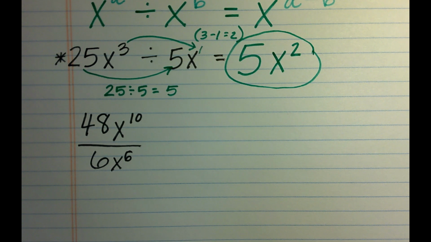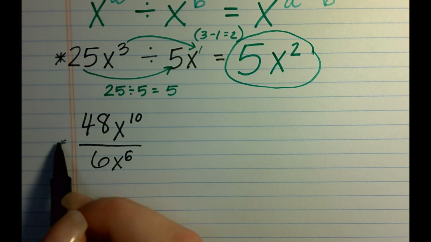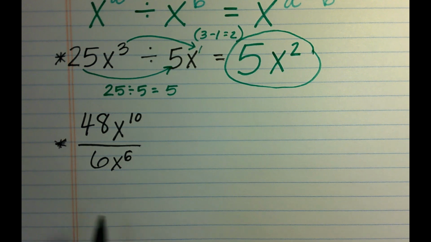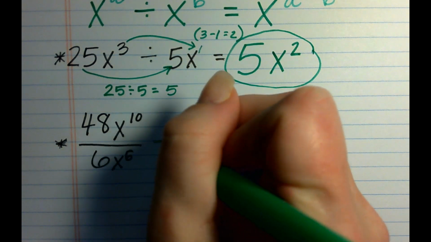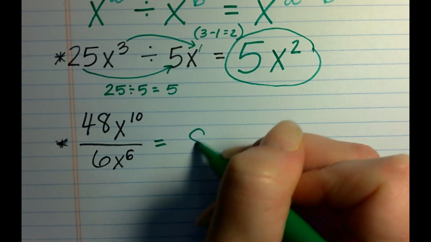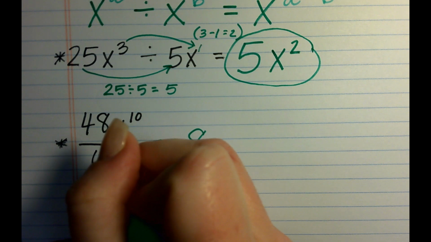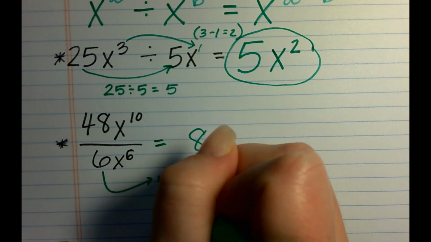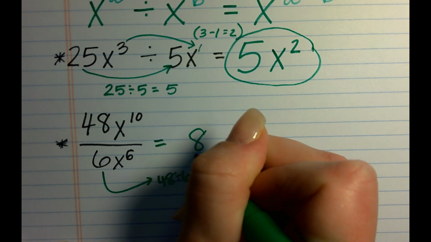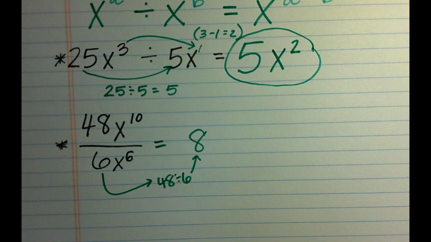So, what should I do first? Coefficients first. 48 divided by 6. What is 48 divided by 6? 8. So, we're going to write 8 as our first number. 48 divided by 6. And what do I do next? 10 minus 6, which is 4.